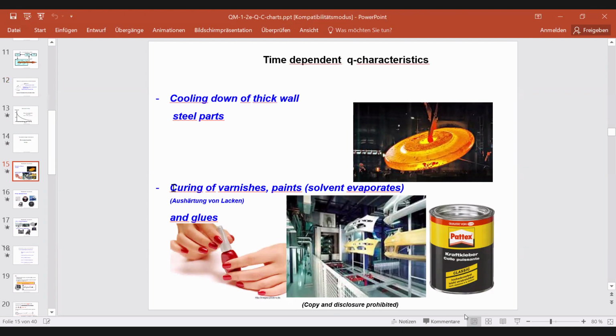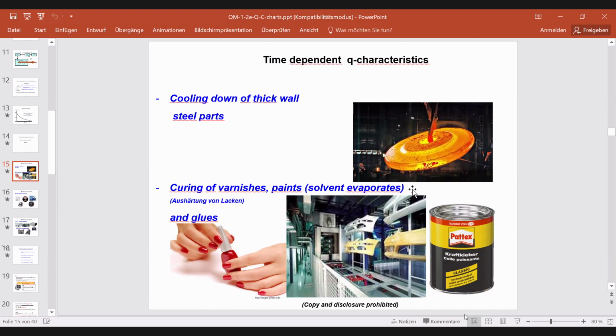Also, another example, the curing of varnishes. Varnish is a transparent paint, or paints, all these, or glue, of course. In all these treatments, you have a solvent, and the solvent evaporates.